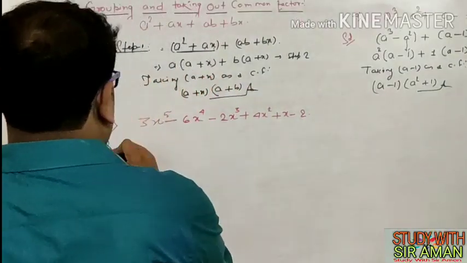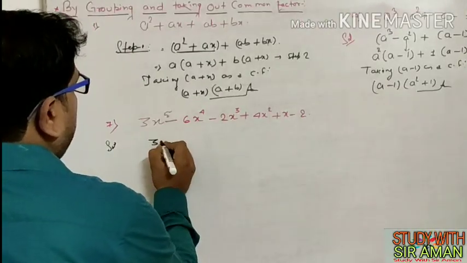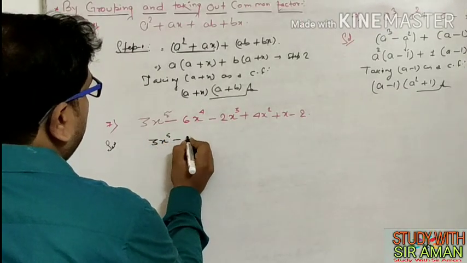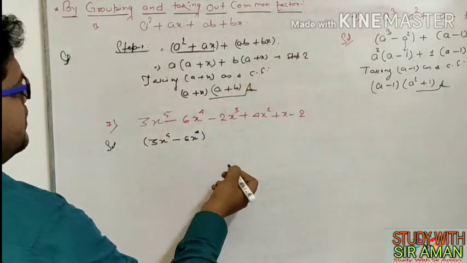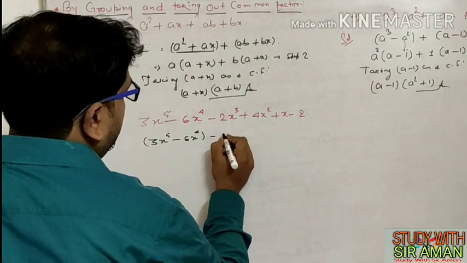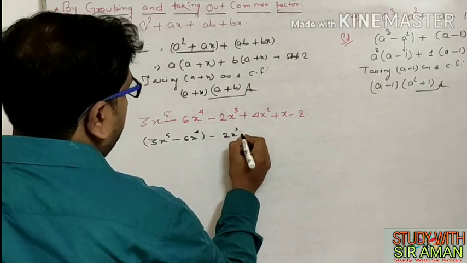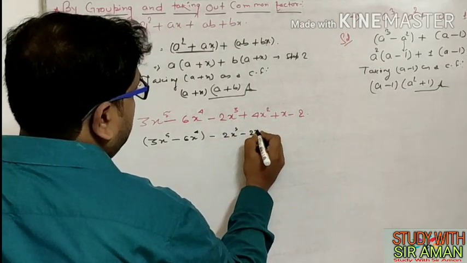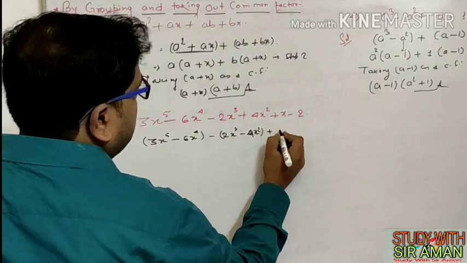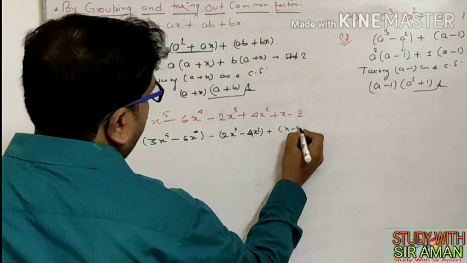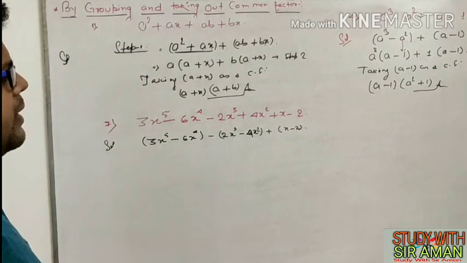Step 1. These two we can write like this. These two we can write like this. These two we can write like this.